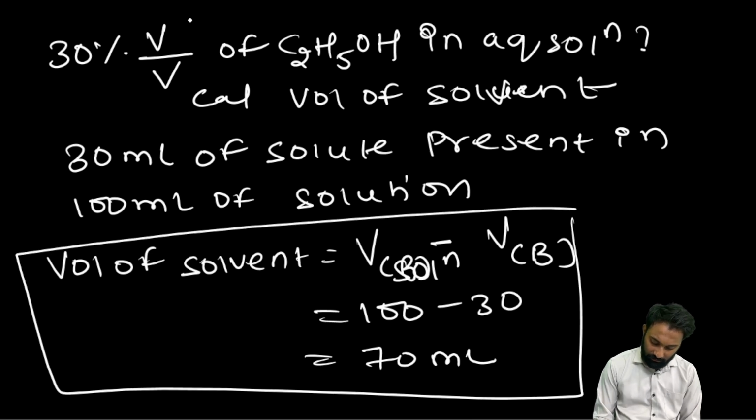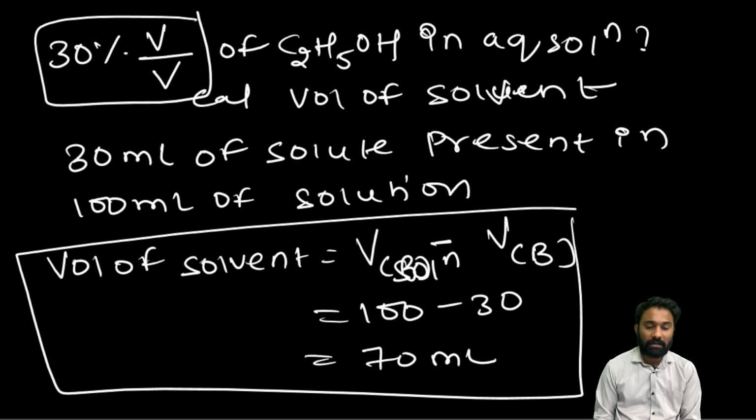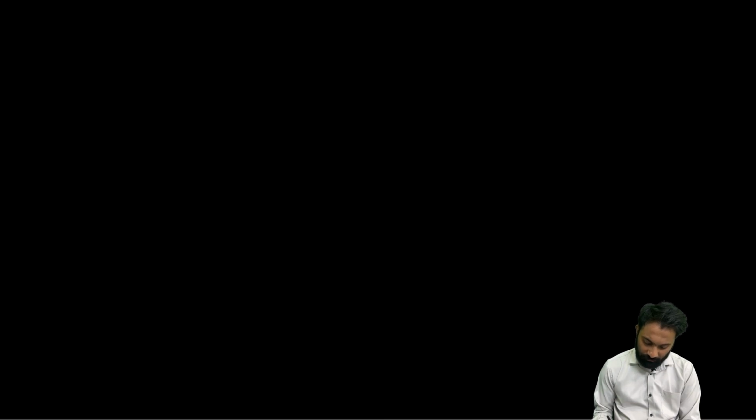Clear? If they have given 30 percent weight by weight, directly you have to consider it as 30 g of the solute present in 100 g of the solution. Clear? Now the next concentration term that we are going to see is very important.